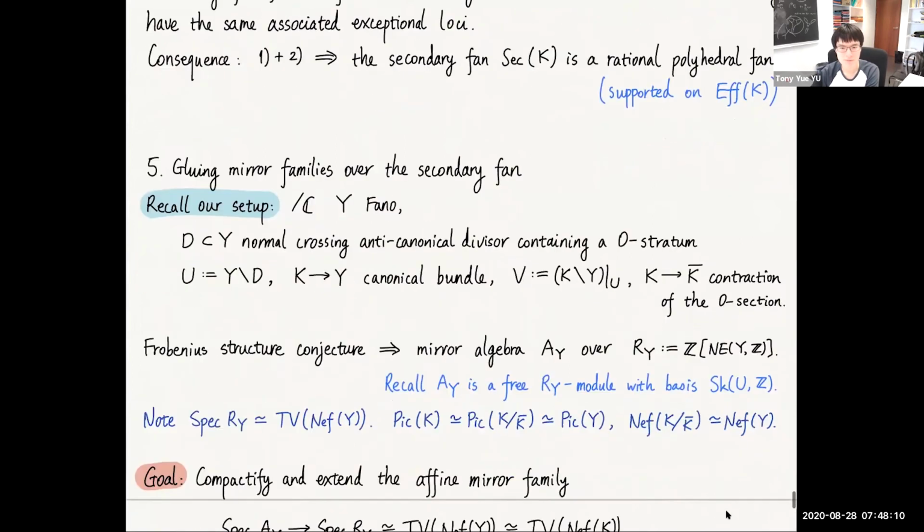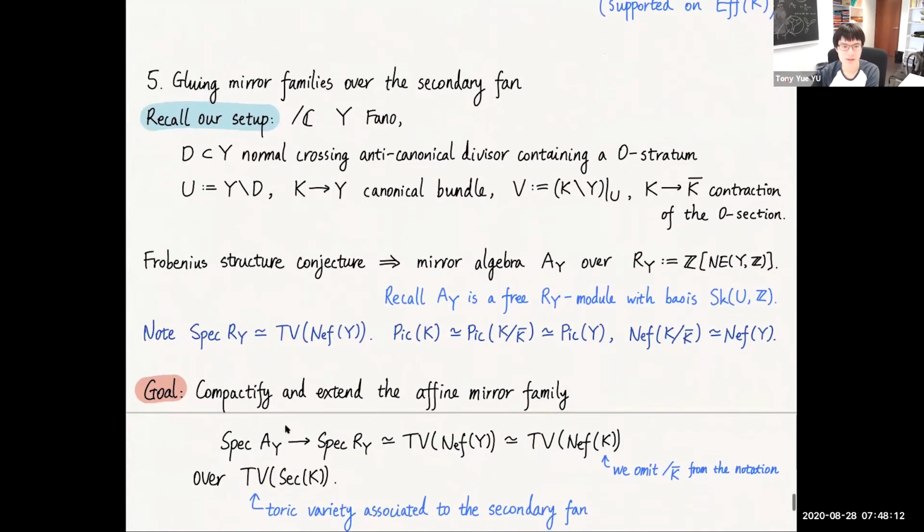Our goal is to compactify and extend the affine mirror family Spec AY to Spec RY, which is the same as the toric variety associated to the Neff cone. We want to extend the affine mirror family over this complete toric variety, the toric variety associated to the secondary fan.